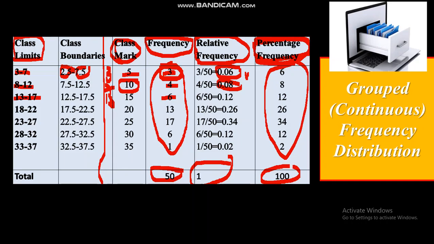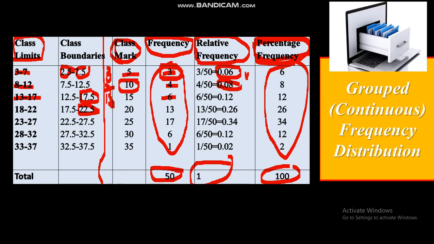How many students scored less than 17.5? How many students scored less than 22.5? This frequency is known as a less than cumulative frequency.